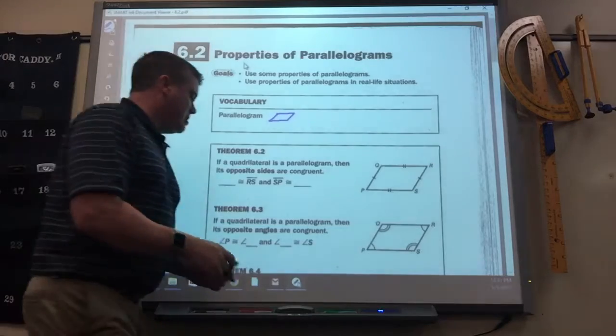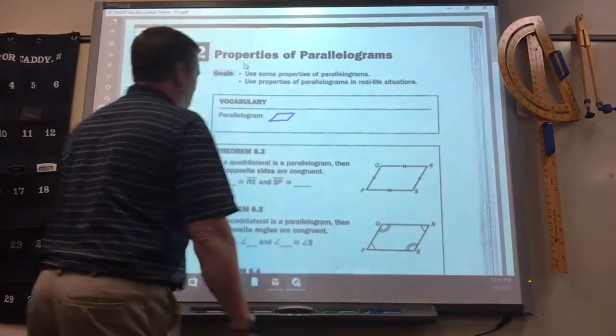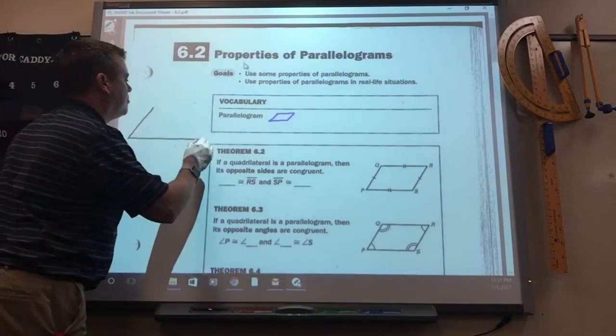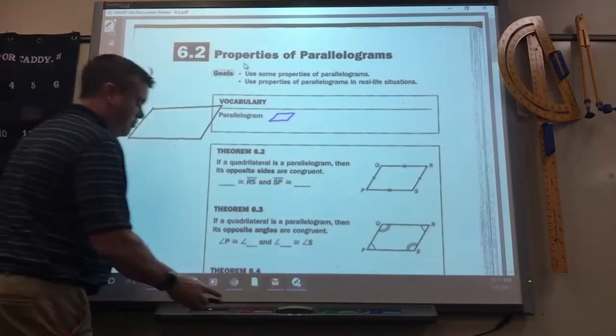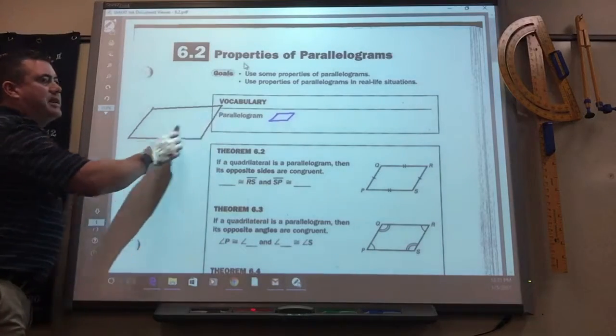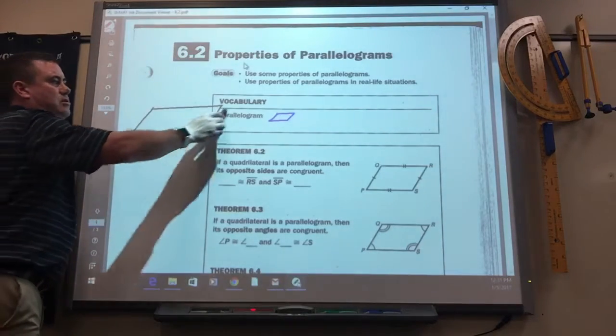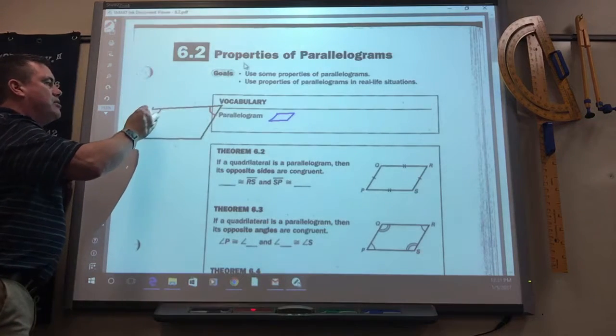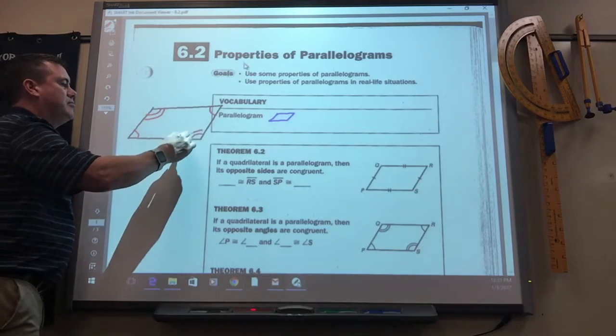And the easiest thing to do to show all the properties of a parallelogram is just to draw it. So, in a parallelogram, opposite angles are congruent. So this angle is going to equal this one, and this one's going to equal that one.